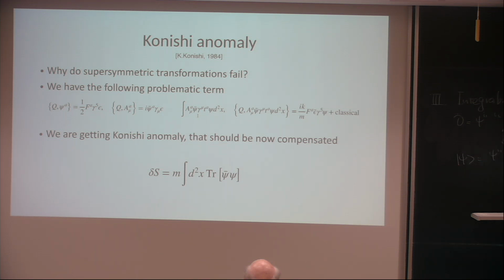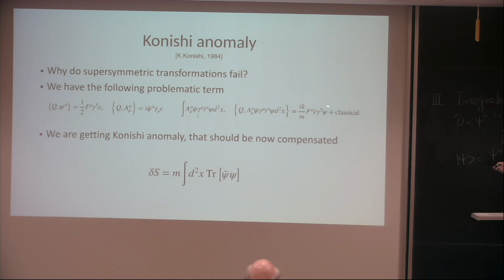And we will see how it changes under the action of supersymmetry. At the quantum level, it acquires some additional piece that looks like this one, plus some classical piece here. And in order to compensate this transformation, we must introduce into the action this term.